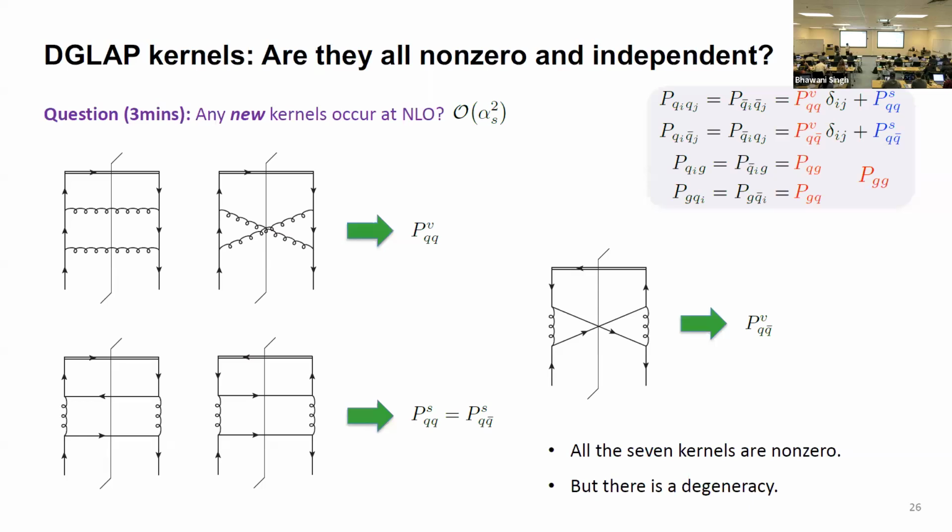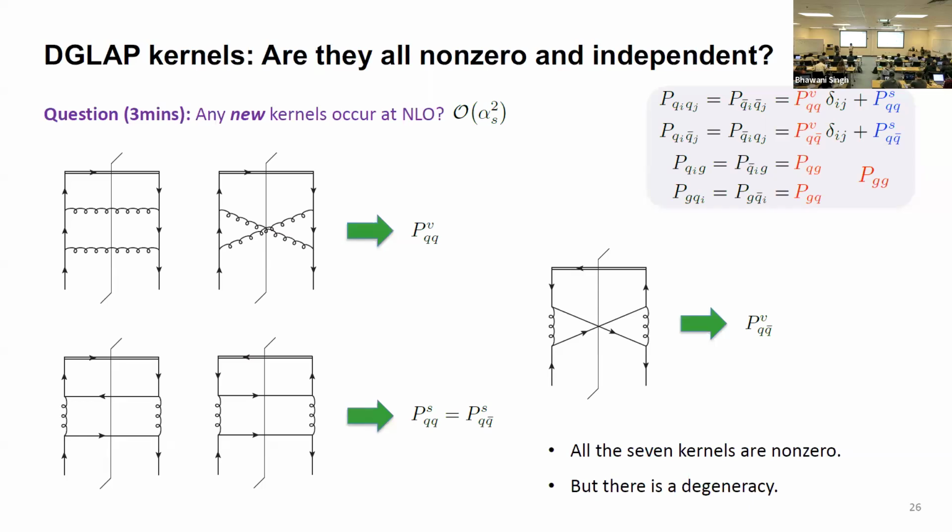For the C quark splittings, if we have a quark that first splits into a gluon, and this gluon further splits to quark and antiquark, or this gluon splits to antiquark and quark, these two diagrams contribute to PQ to Q of the C component and PQ to Q bar of the C component. So we have these two kernels that arise at one loop, two loop order.